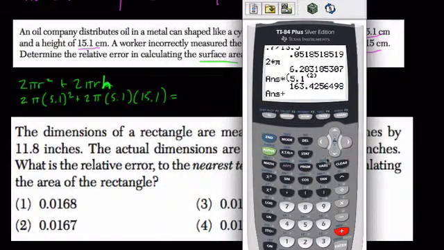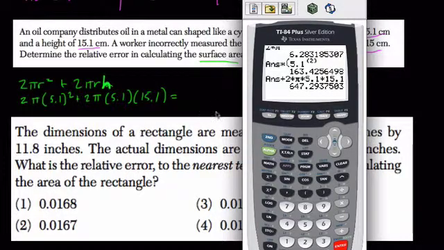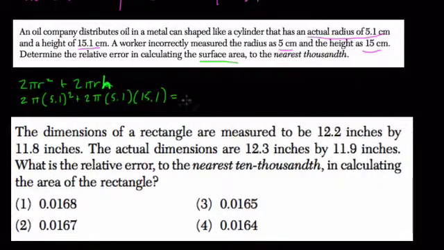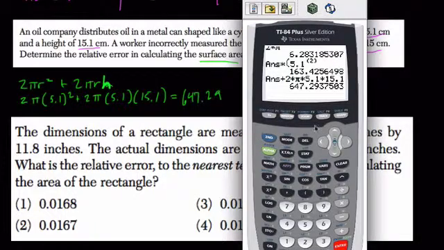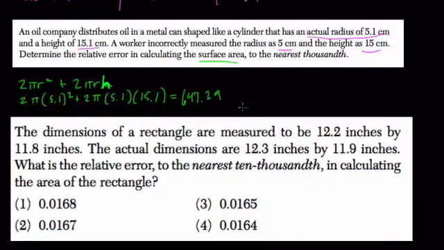Plus, now I'm going to enter all this in a string: 2 times pi, just following this right here, times 5.1 times 15.1. That's everything together, 647.29, 375.03. This is what we should have gotten for surface area.